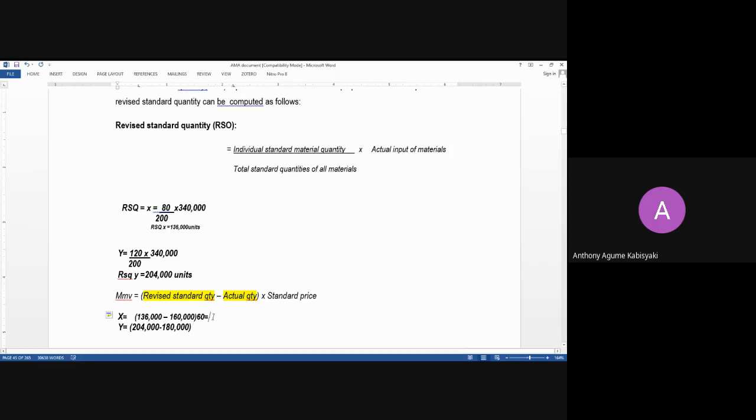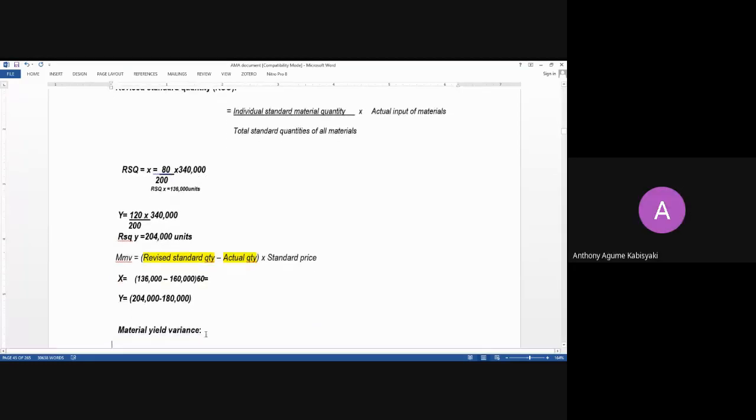Was it 180 for Y? Yes, 180. Then times the standard price, 50. 50 is the standard because we're multiplying by the standard.